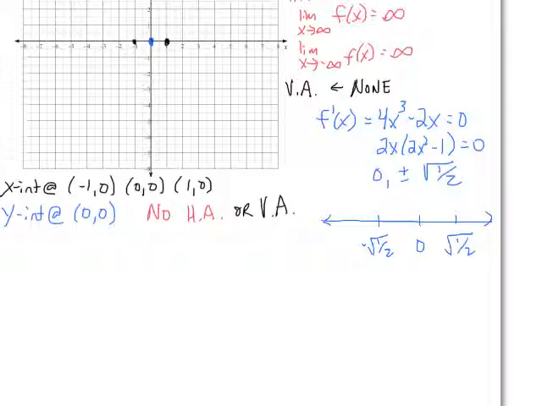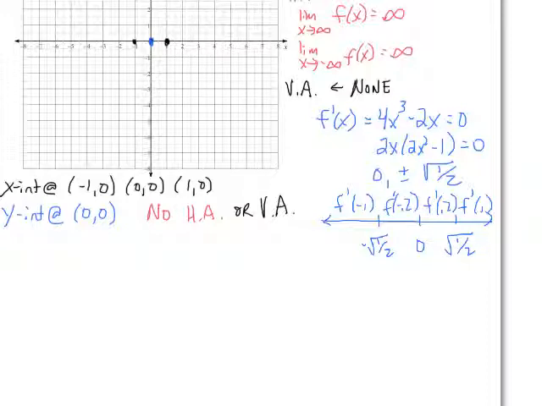And we're going to plug in values to test. So we'll do f prime of -1, f prime of 1, and then the square root of 1/2 is, oh, let's just do 0.2. f prime of 0.2 and f prime of -0.2.